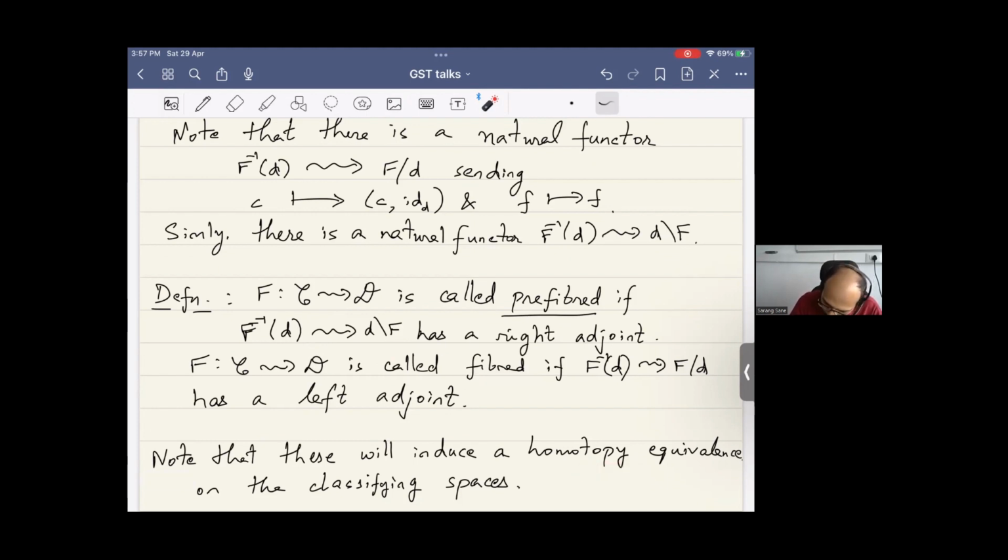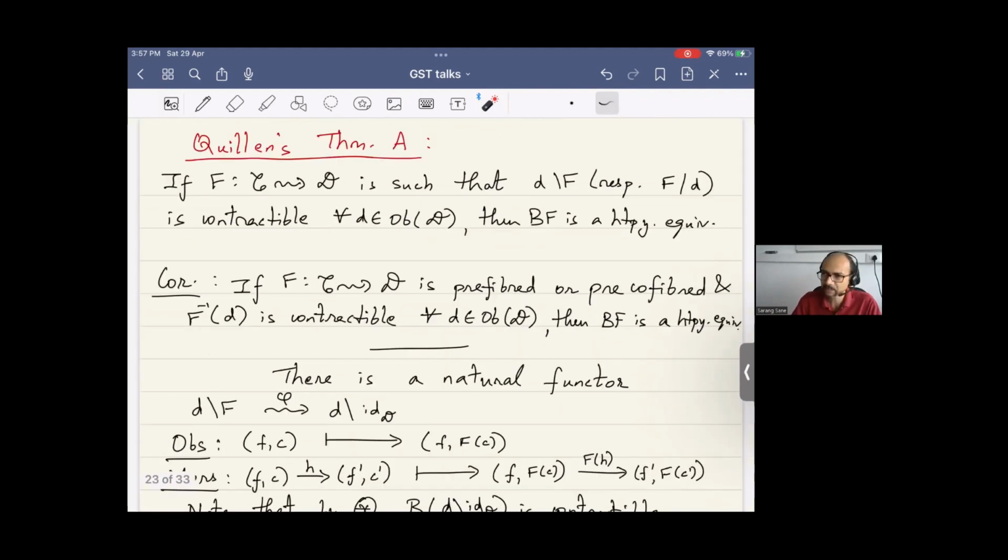Okay. So we are more or less set now to at least state what we are going to need. There are two theorems.